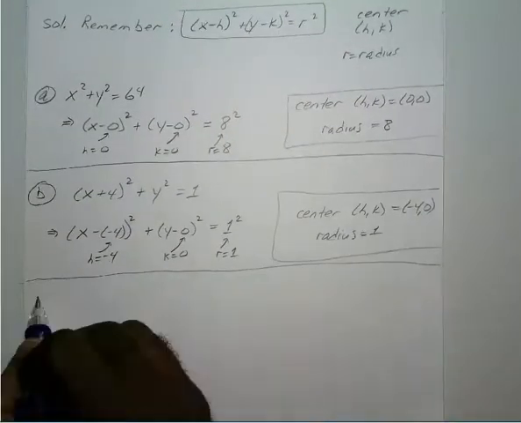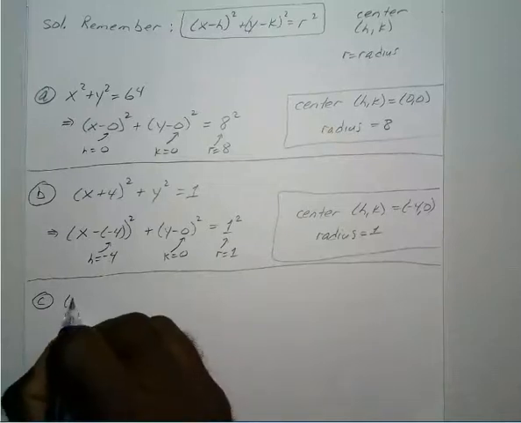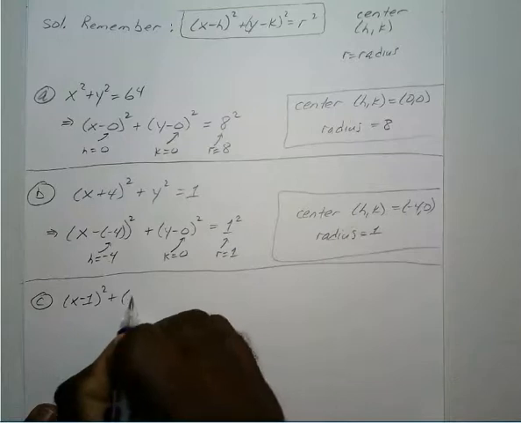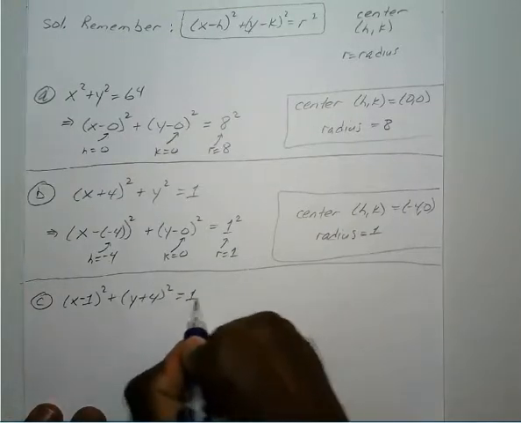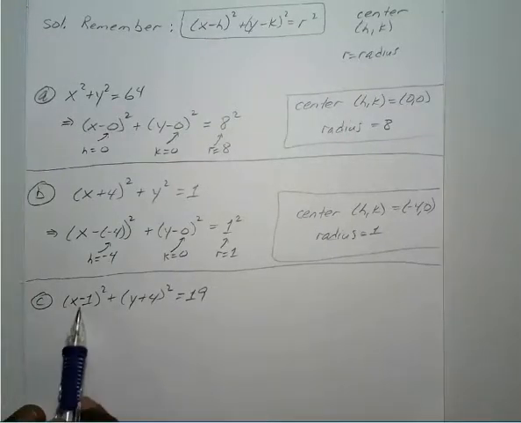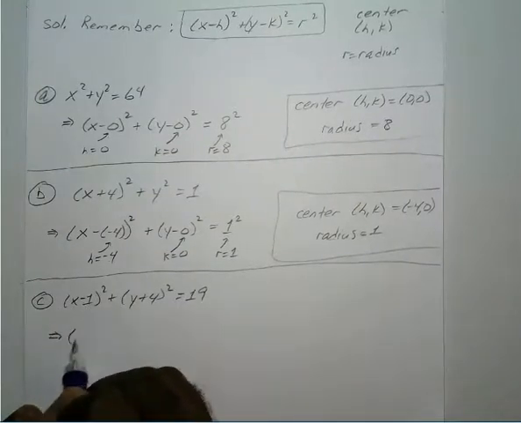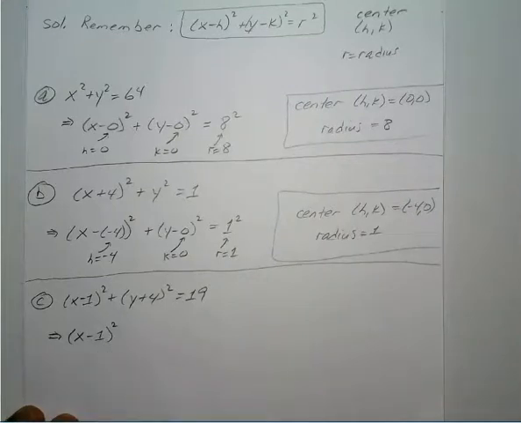Okay, so let's go ahead to problem C, which is x minus 1 squared plus y plus 4 squared equals 19. Alright, so this is already x minus h. So this one can actually stay as x minus 1 squared.